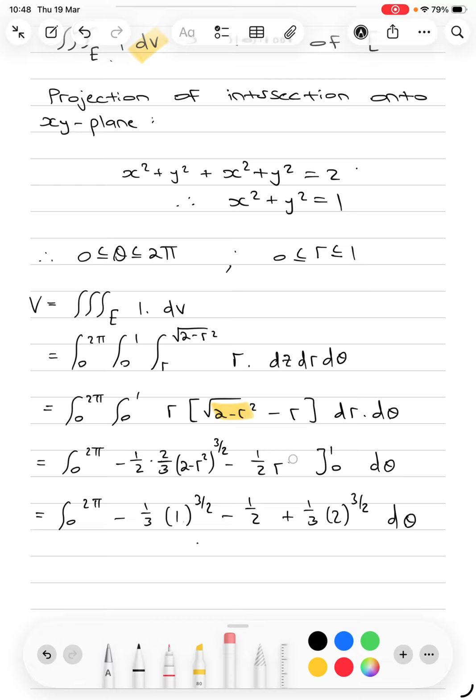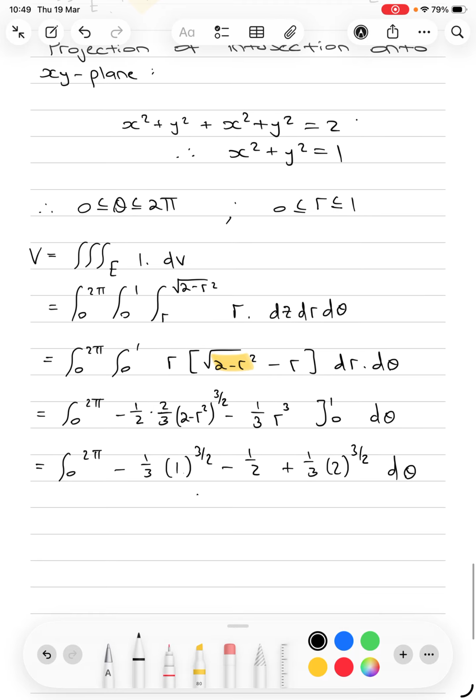Let me just correct this mistake. So it's already r squared prior to integrating. So therefore we go to r cubed. Right, so now we can integrate with respect to theta, so that really just adds 2 pi to the mix.